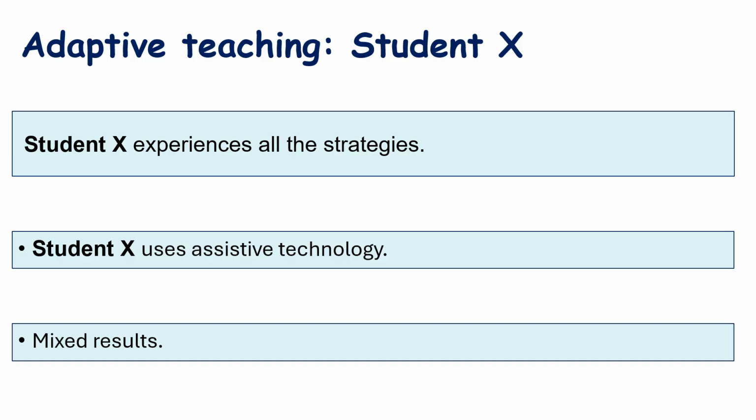This reinforces my earlier point that the impact of adaptive teaching depends on an interaction among tools, such as assistive technology, the quality of assessment information, and systemic constraints such as funding and staffing. In other words, the strategy set is strong, but the underlying conditions for consistently effective adaptation are only partially in place for student X.